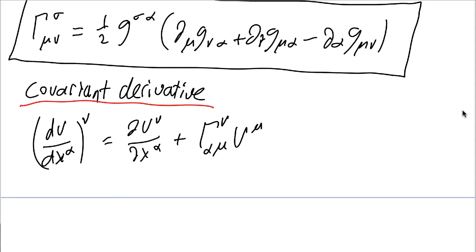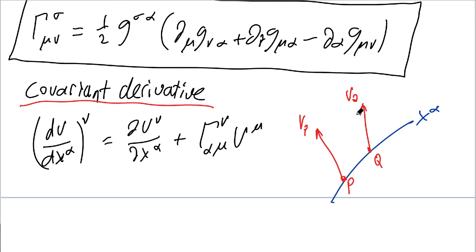All right, and the meaning of this is we have a vector field. So this is the x alpha coordinate line, and we have a vector field. So here's the vector v at point Q, and here's the vector v at point P, and we are defining the derivative of this vector field by parallel transport.